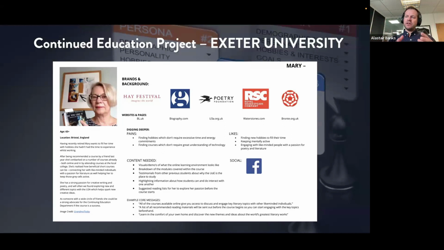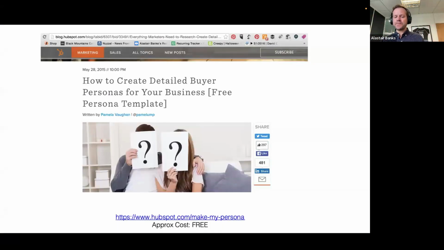What would make up their version of this? The closer you can get to this, the more likely you are to spend your time in the right places, the right websites, the right social media to get to the right people. There's a great tool called Make My Persona, by a company called HubSpot. It's free.